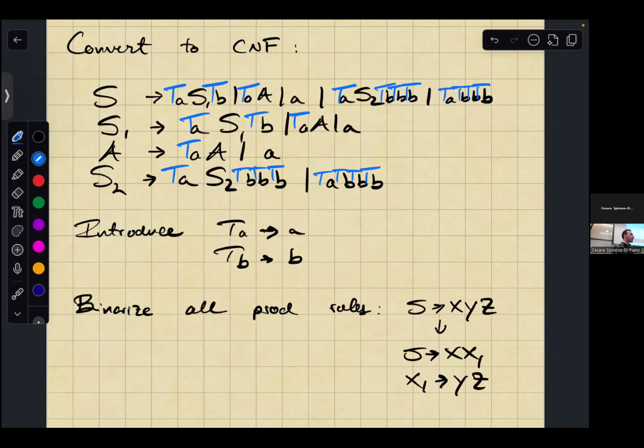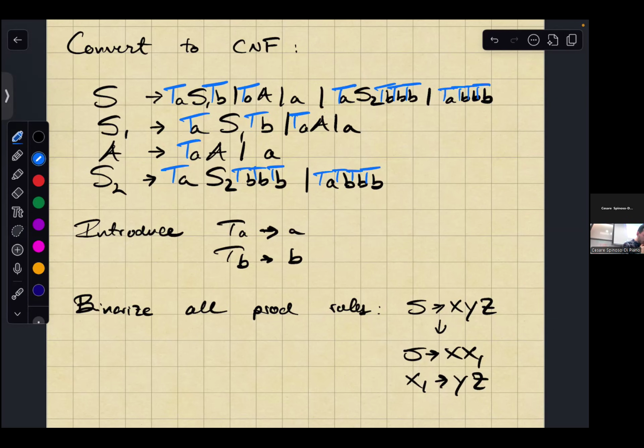Okay, so this is my grammar now with a bunch of terminating variables. Still not in CNF because I have a bunch of production rules of length strictly greater than 2. So I have to get rid of those.